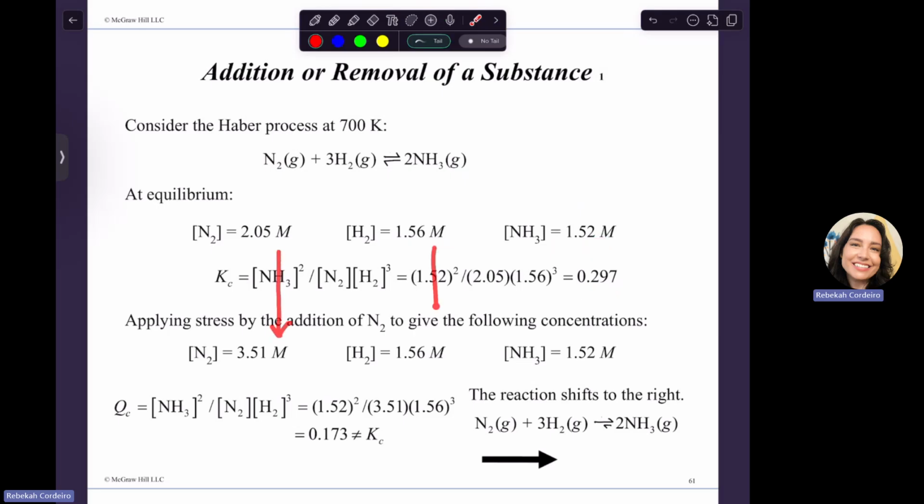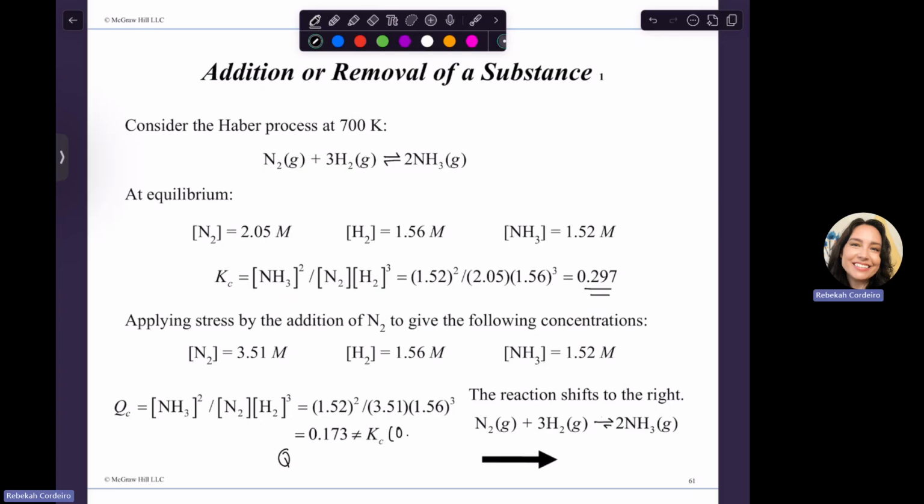Now let's say, what are we doing right here? Look at the differences in the numbers. We added N2, right? So if I add N2, first of all, I'm no longer at equilibrium because my equilibrium constant is 0.297. If I look at where I'm at right now, my Q is different than my K. If my Q and my K are different, we're not at equilibrium.